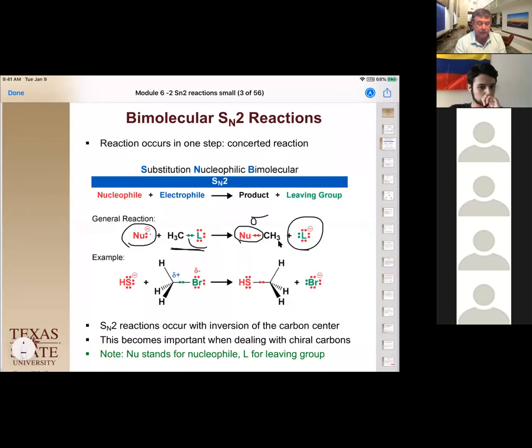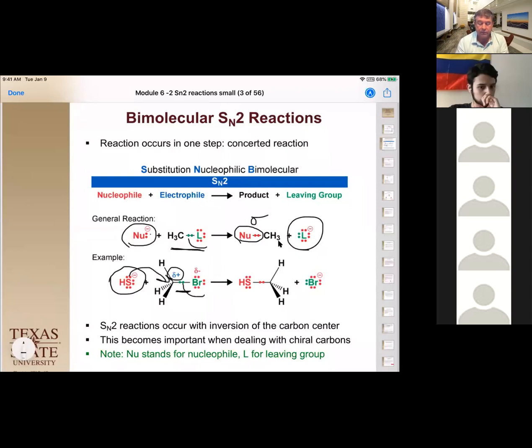So let's use this one right here, this hydrogen sulfide group. In this case, we have a negatively charged sulfur. We have this polarized bond between carbon and bromine. Notice this partially positive side here. Technically that half of the bond is the electrophile, which means the nucleophile is going to have these electrons come in and start to form that new bond.